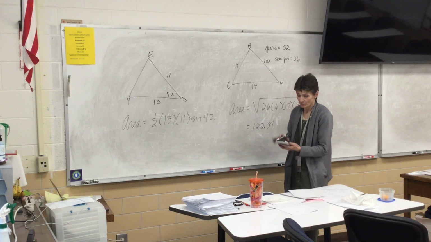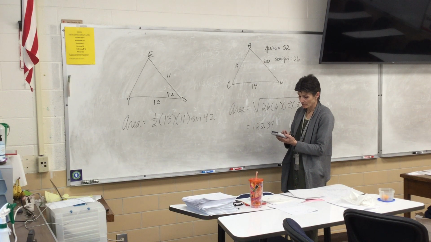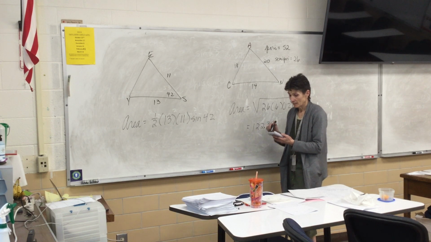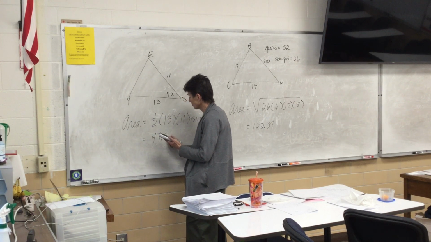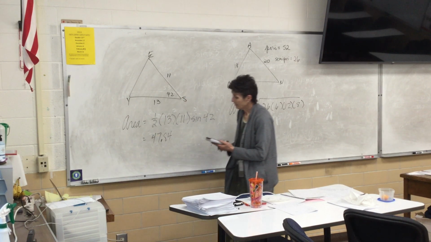And that's all you have to show, kids. There's really nothing else to do except type it in. And I got 47.84. So the area of that one is 47.84.